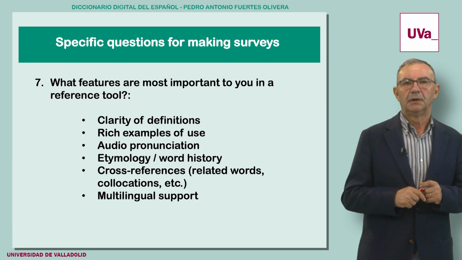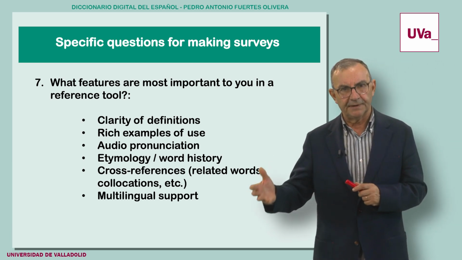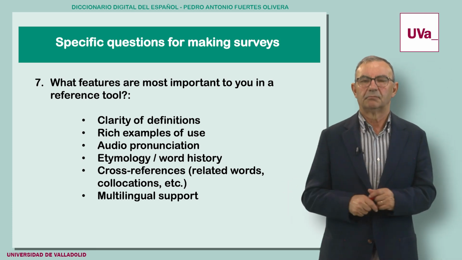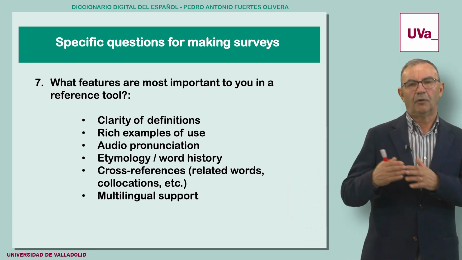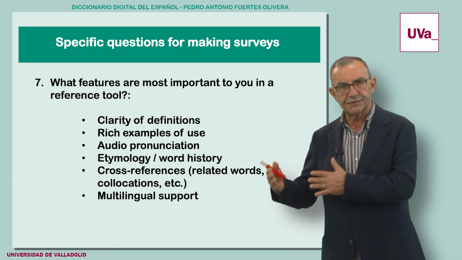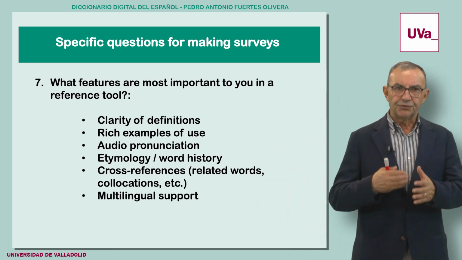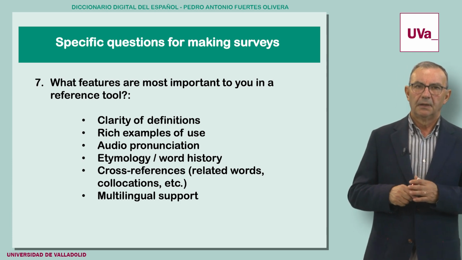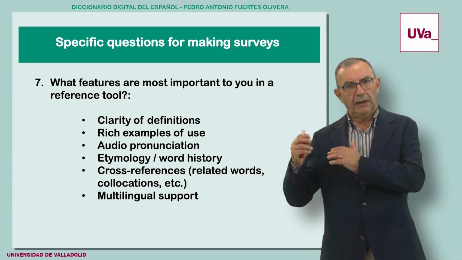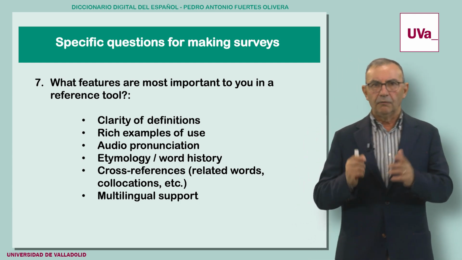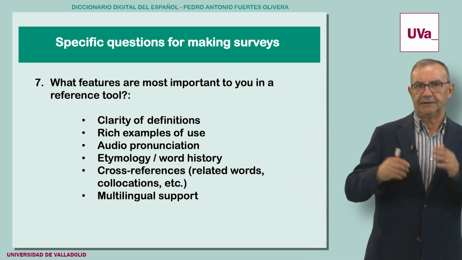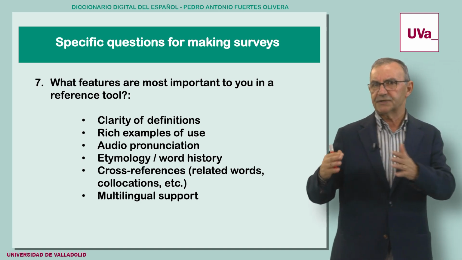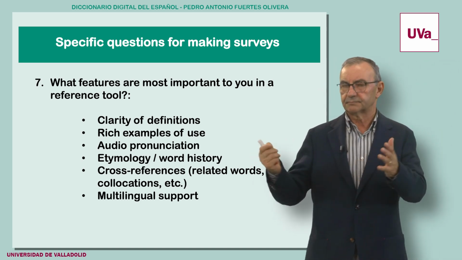For example, do you prefer clarity of definitions? Do you need more examples? Do you focus on audio pronunciation? Do you search for the etymology or word history? Do you go for cross-references, for related words, for collocations, etc.? Do you search for multilingual support, etc.?